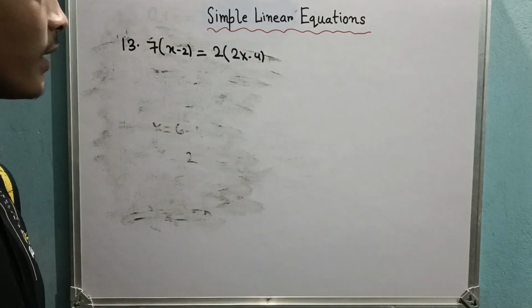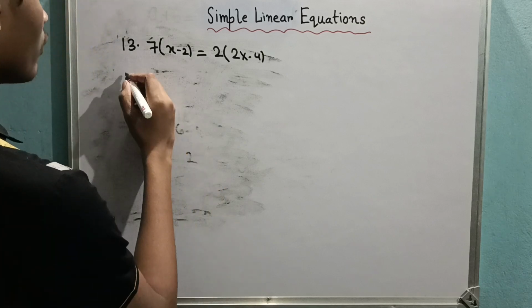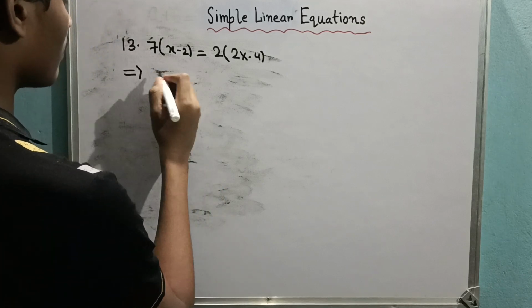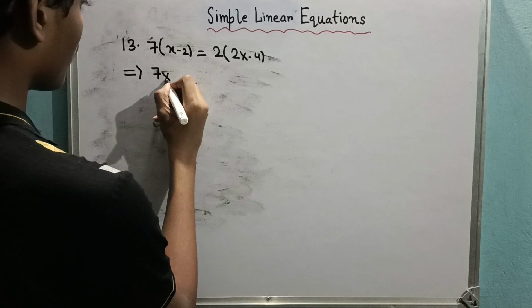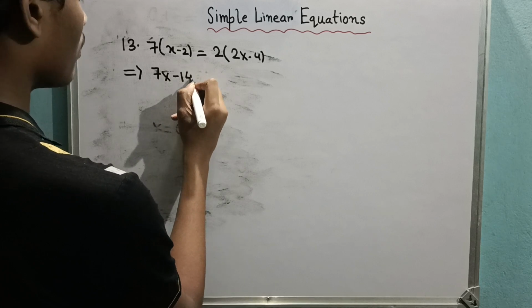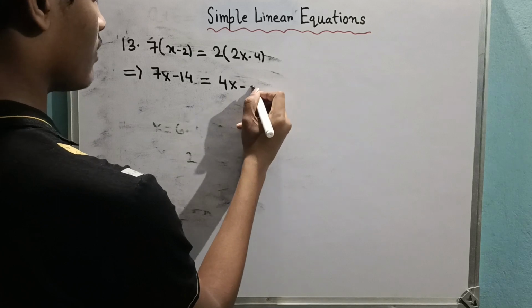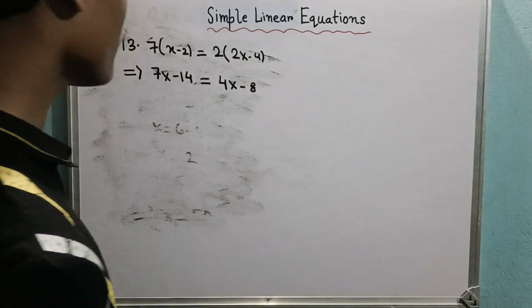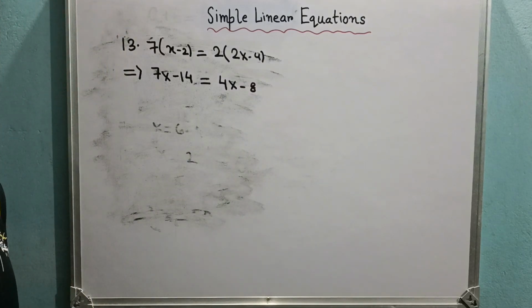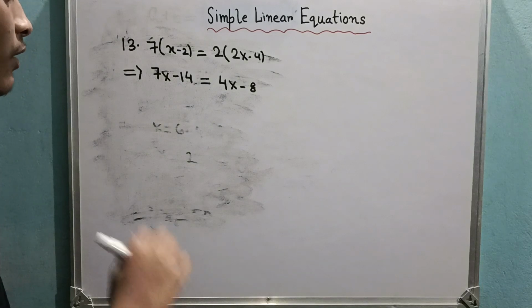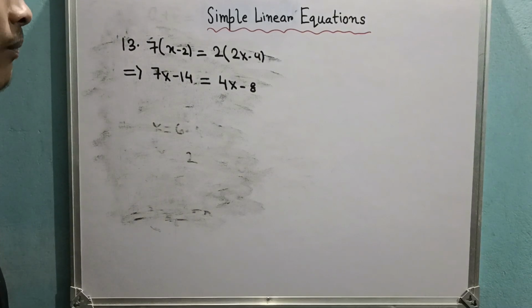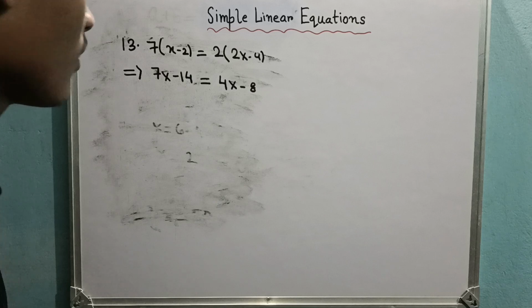It's a little bit complicated, so I will not go for that. So here, just expand this. 7x minus 14 will be equal to 4x minus 8. That process looks like a little bit more crafty, but this looks more simple. Simple things are more acceptable to teachers.